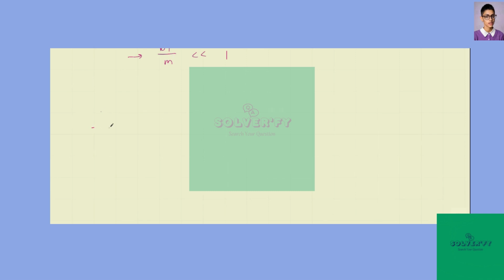And so the energy change delta E is equal to the energy E minus the energy E at time t plus a period capital T. And so this is equal to E naught e to the minus bt over m, as we've shown above, minus E naught e to the minus b into t plus the period capital T over m.